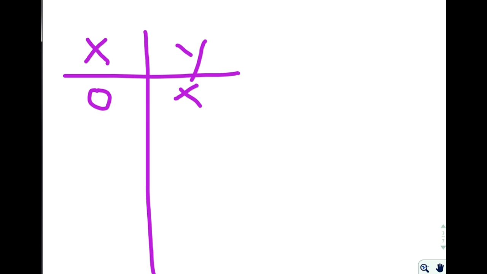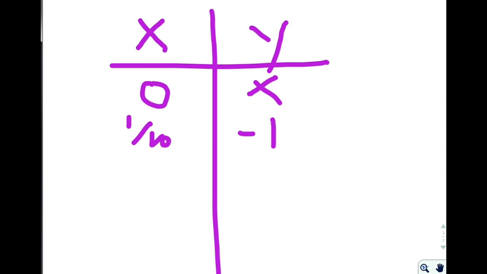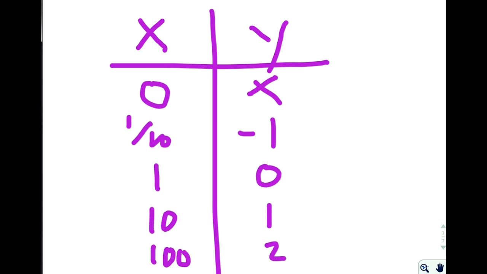If you were to type in the log of 1/10, the log of 1/10 would be -1. If you on your calculator typed in the log of 1, you're going to get 0. Log of 10, you're going to get 1. Log of 100, you're going to get 2. If you typed in 1,000, you'd get 3.